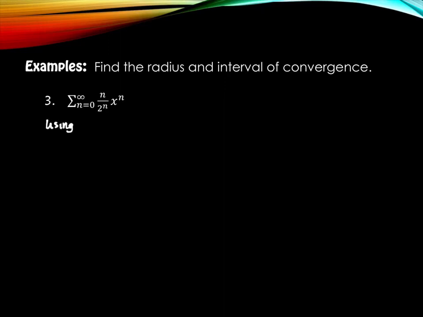So using the ratio test, we're going to take the limit as n goes to infinity, and we're going to do the ratio here. So I have a sub n plus 1 over a sub n, right? That's the ratio test.